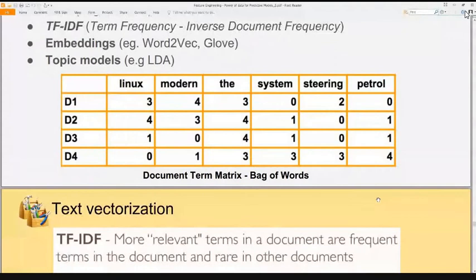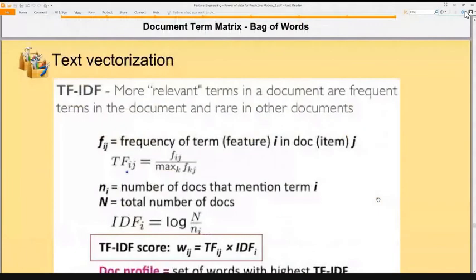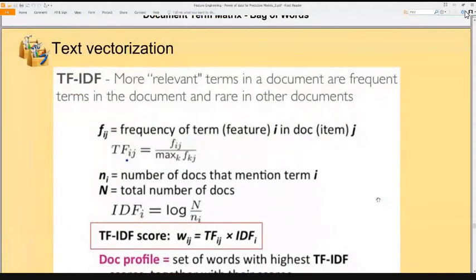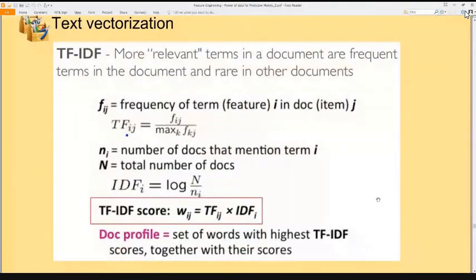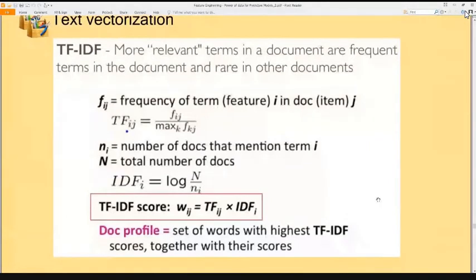However, most people favor what they call TF-IDF. The difference with TF-IDF is it assigns weight to the document.